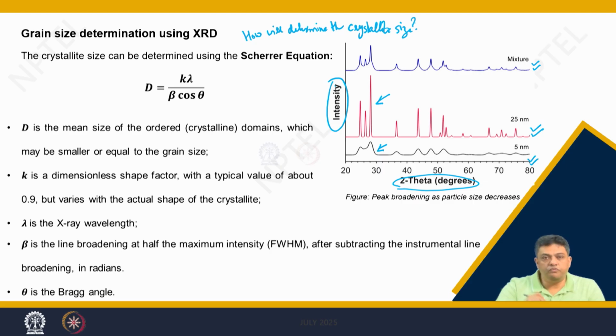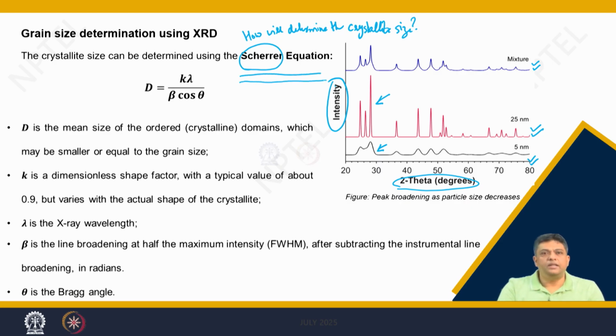This is the question which will come to your mind, and this was solved by Scherrer, and the equation which is used to determine the crystallite size is called the Scherrer equation.